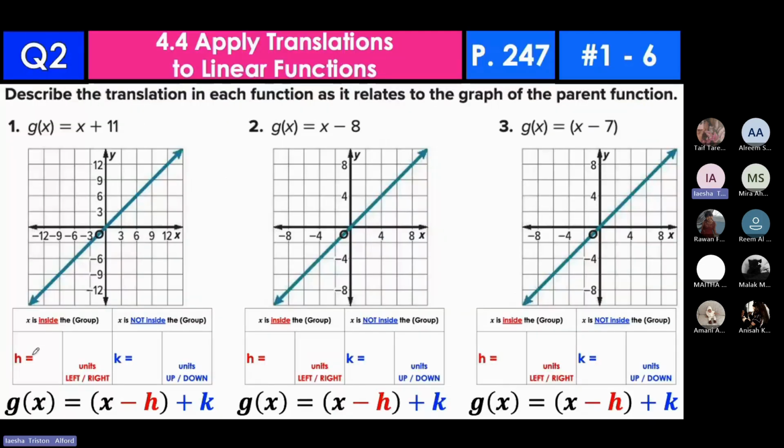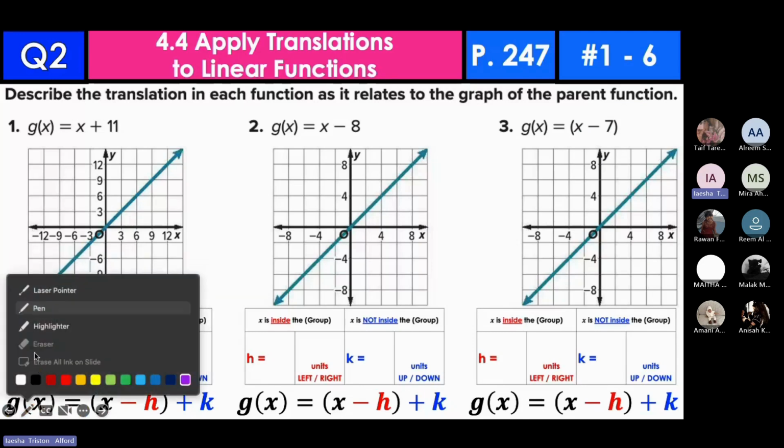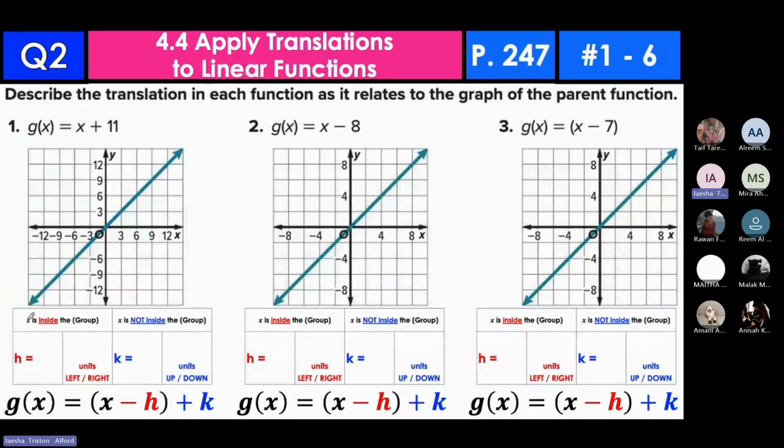Okay, this one, I gave you the workbook. I made a mistake here. It shouldn't be x, it should be constant. So if you have the workbook, change it to the constant is inside the group or the constant is not inside the group. Practice them.